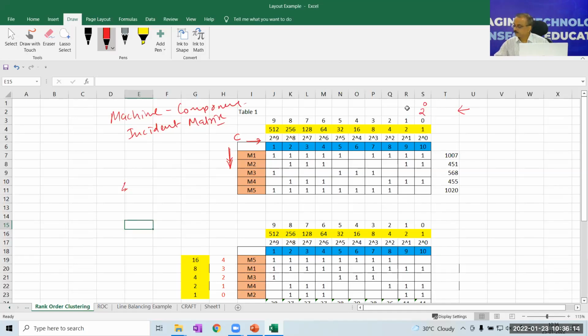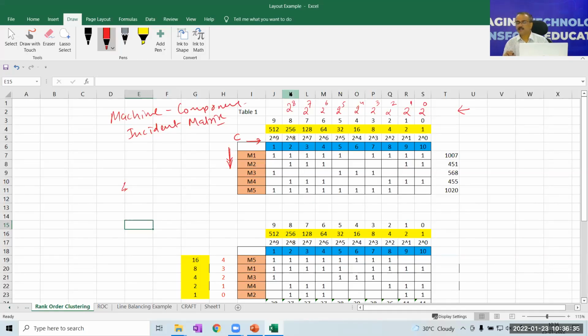Okay, sir. So 2 to the power 0, then the second will be 2 to the power 1, 2 to the power 2, 2 to the power 3, 2 to the power 4, 2 to the power 5, 2 to the power 6, 2 to the power 7 and 2 to the power 8.